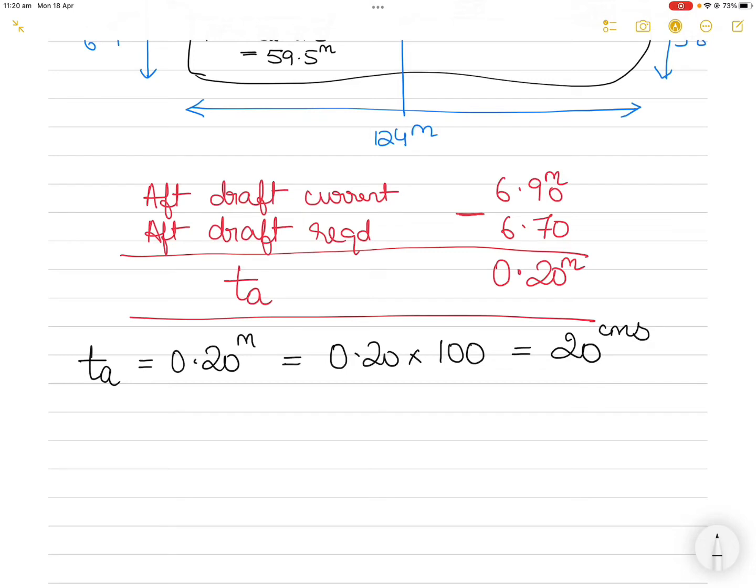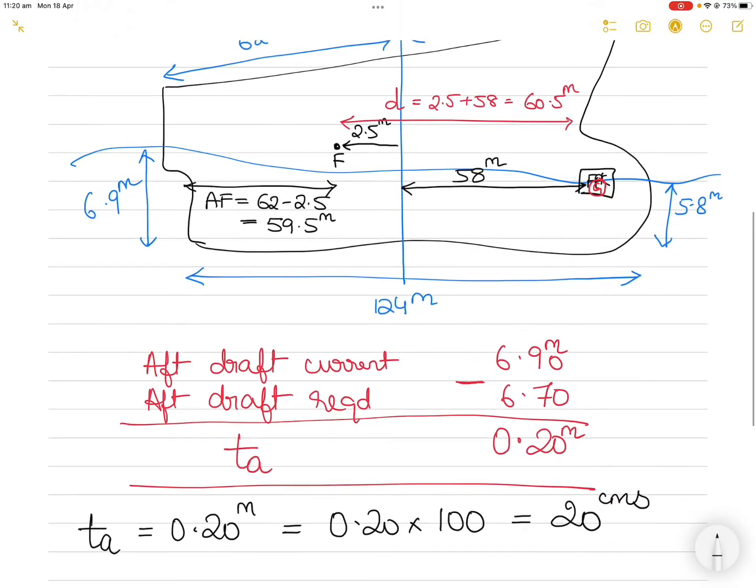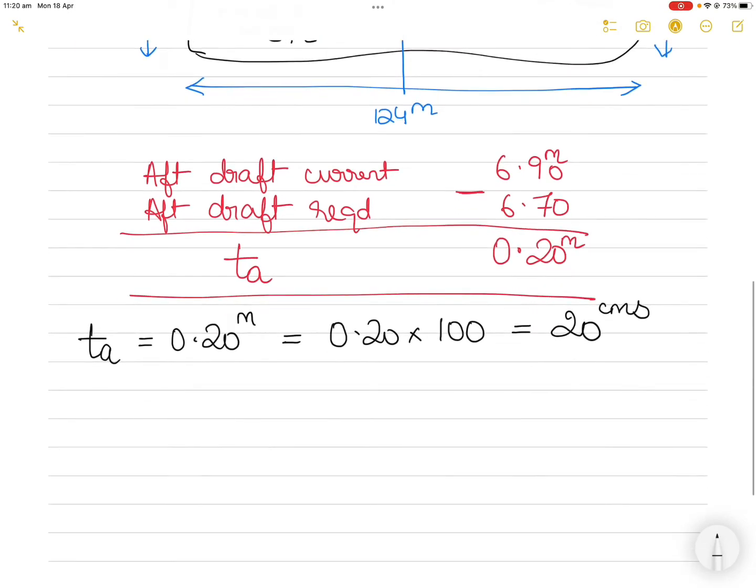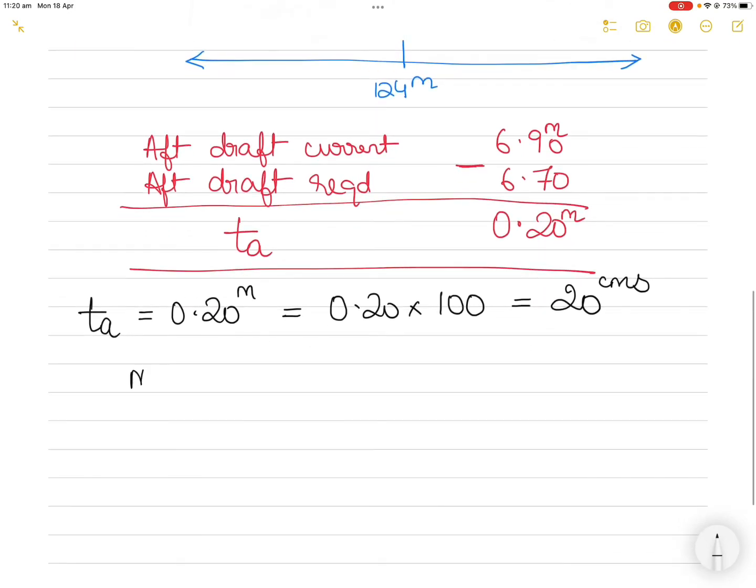All right, so we also have to find out how much weight this will add to the vessel. How much weight do we have to add to the fore peak tank? When we add weight to the fore peak tank, there will be some kind of mean sinkage, overall mean sinkage, which will also affect the aft draft.